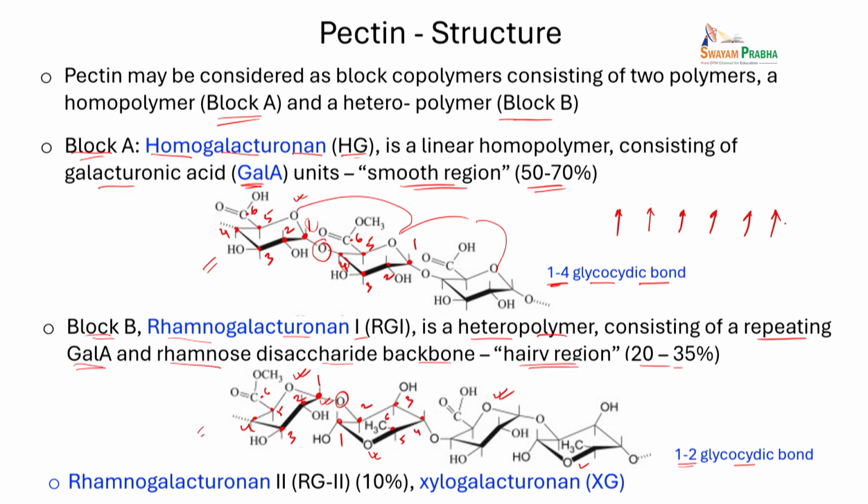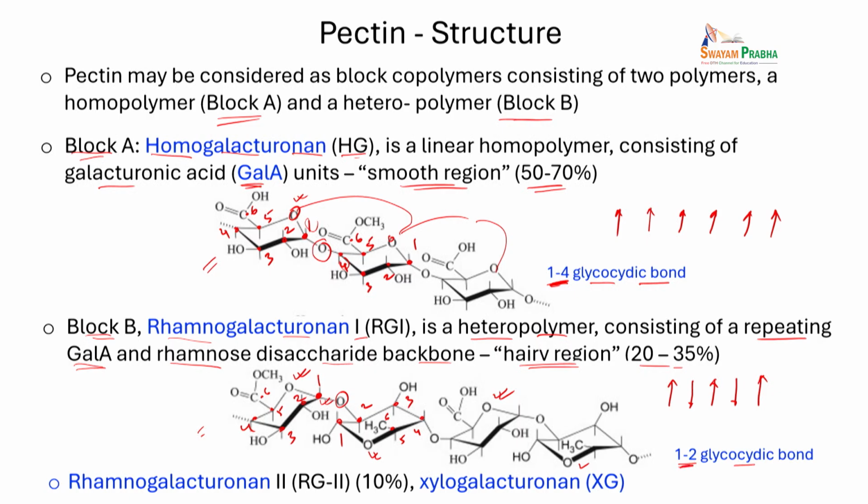If I show where this oxygen group is present, if I stretch this chain, you will see all this oxygen is pointing in one direction. Whereas in the rhamnogalacturonan, you will have alternating up and down arrangements, just because the bond that links the two sugar molecules is different in the homogalacturonan and in the rhamnogalacturonan.